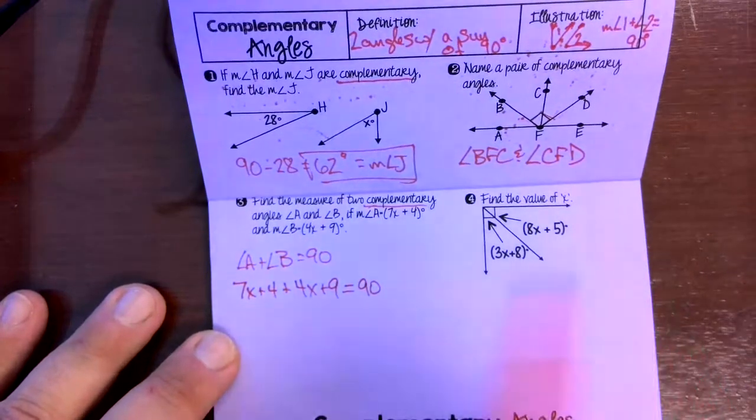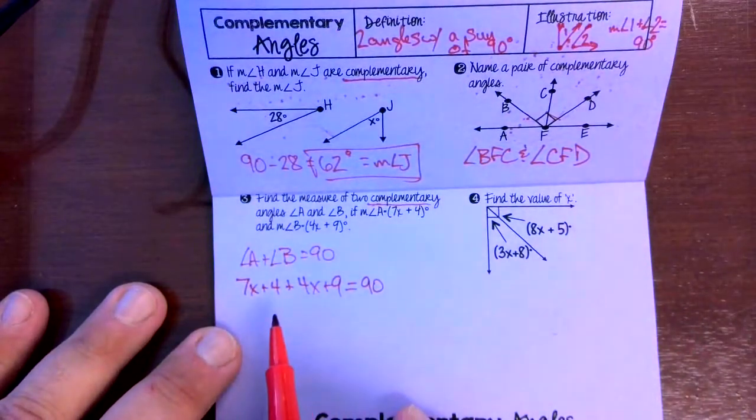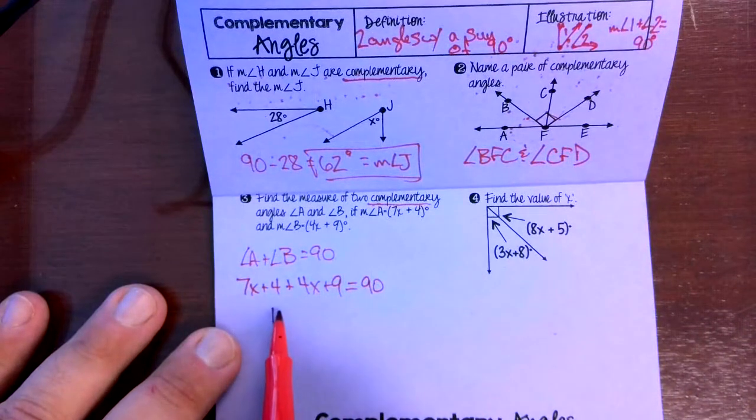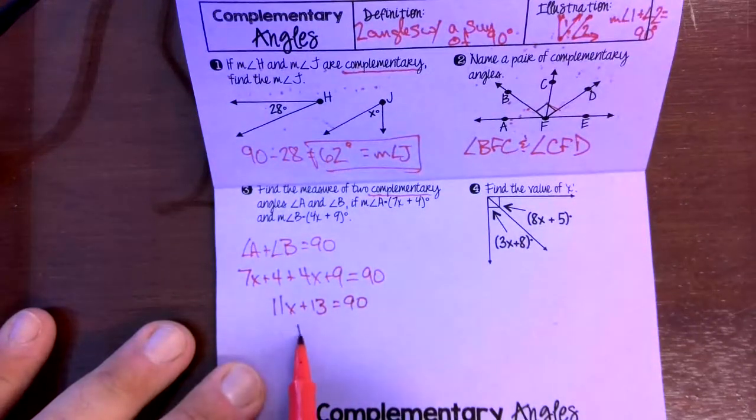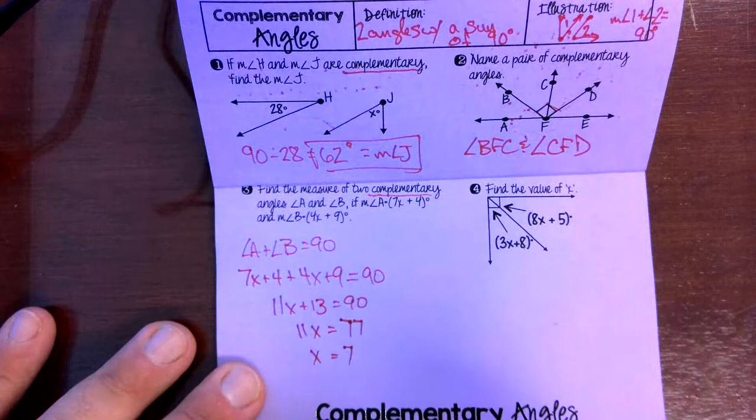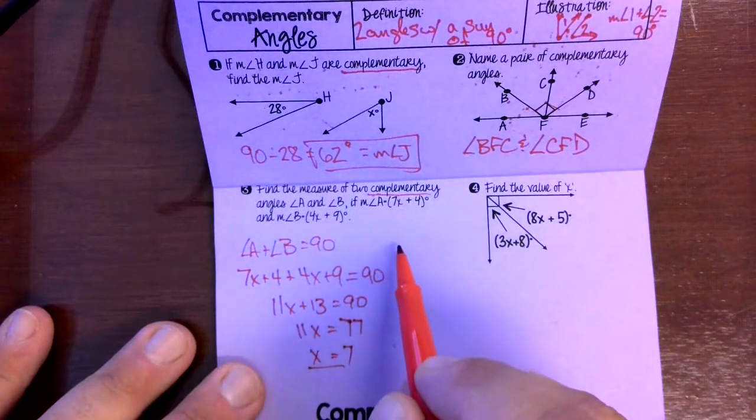And now it's a nice straightforward equation. I can solve this. 11x plus 13 equals 90. Subtract the 13 from both sides, and I get 77. Divide both sides by 11, and I get x equals 7, which is great, not what it asks me to find.